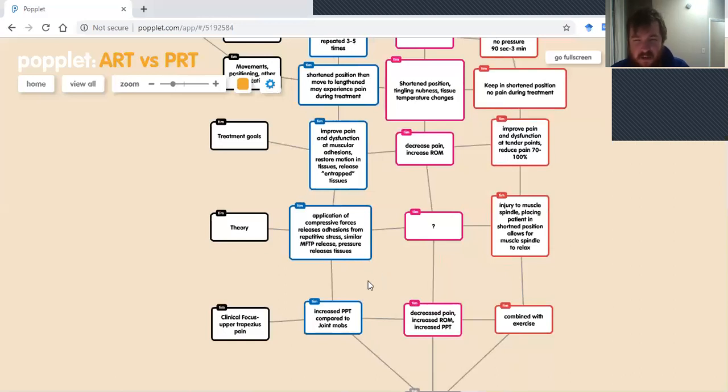I think one of the interesting things with ART is that movement component compared to a trigger point release, and really you're addressing the movement dysfunction.